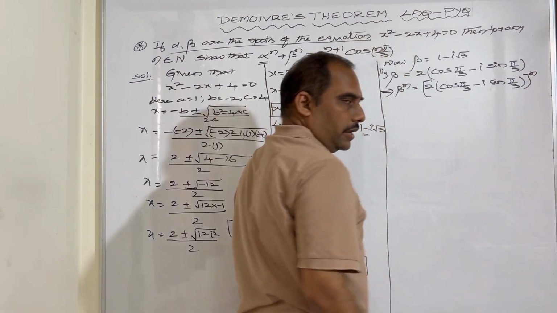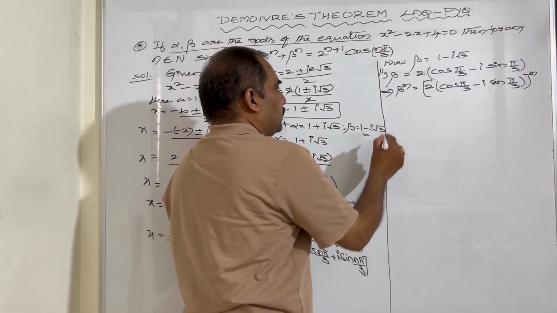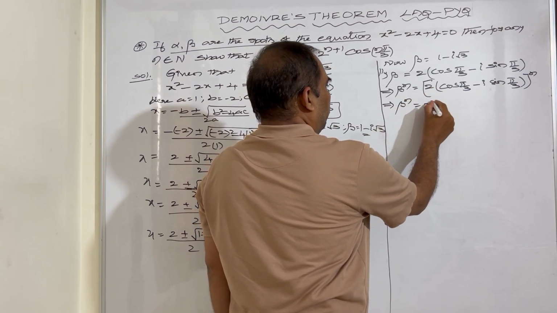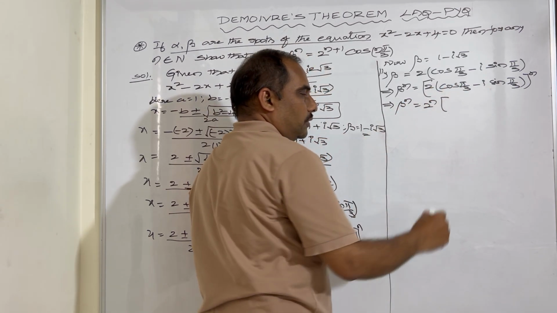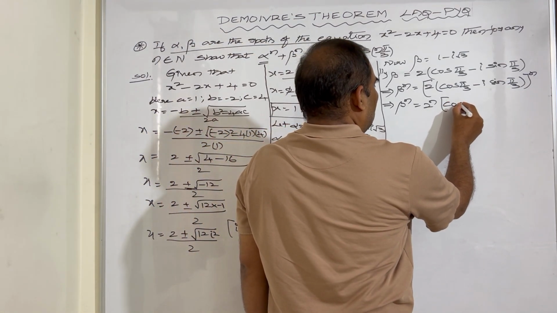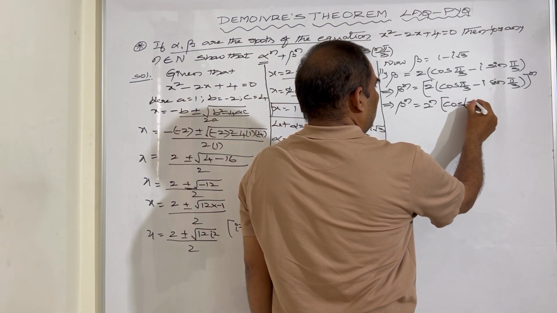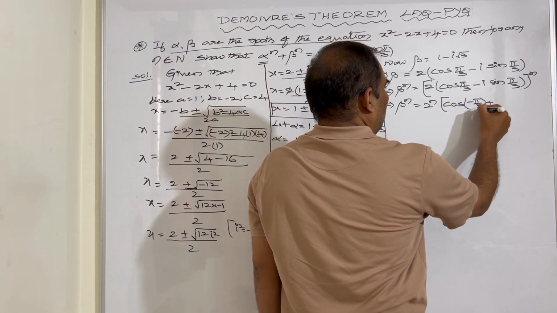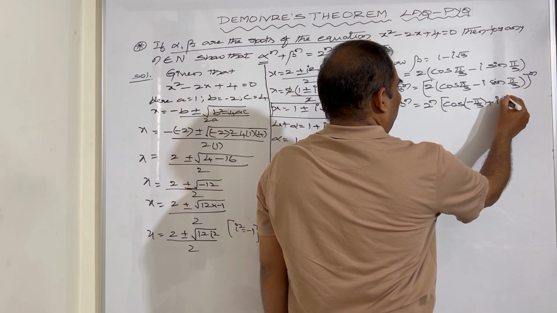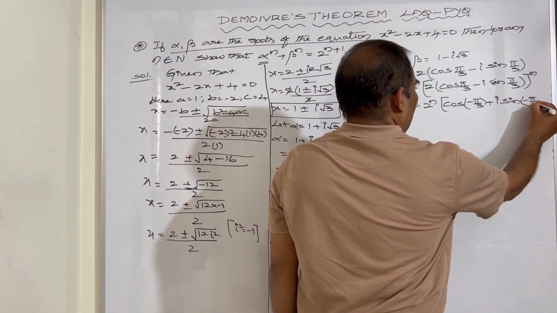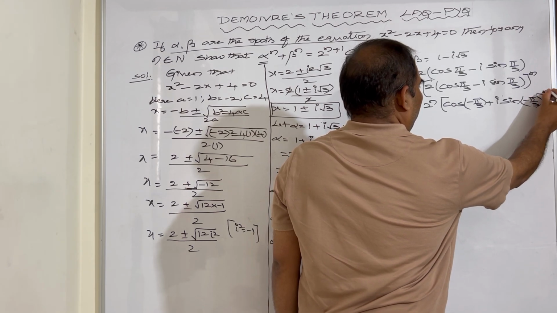So now beta to the power of n is equal to 2 to the power of n, and here also like De Moivre's theorem, we can write cos of minus pi by 3 plus I sin of minus pi by 3, whole to the power of n.